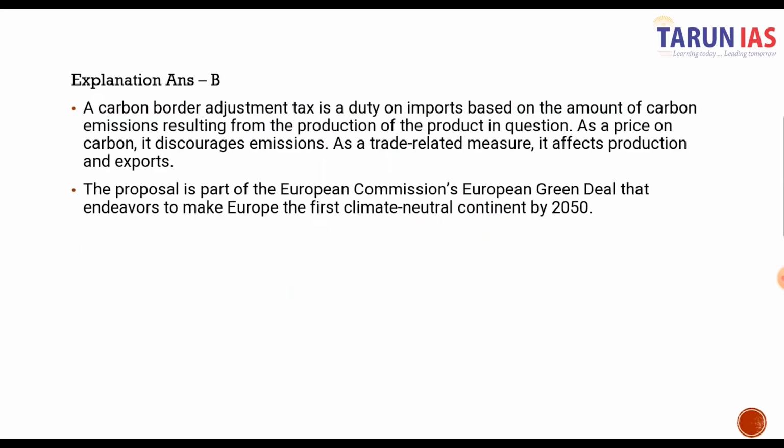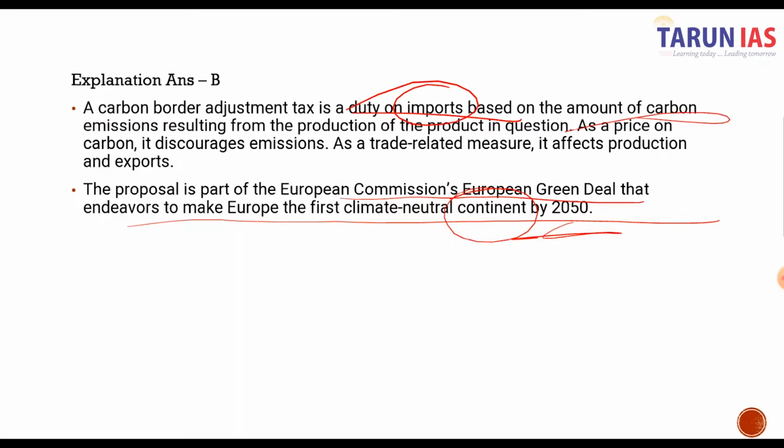And we can read the explanation here that it is part of the European Commission's European Green Deal that endeavors to make Europe the first climate neutral continent by the year 2050. And keeping in its commitment, the carbon border adjustment tax is a duty on imports based on the amount of carbon emission resulting from the production of the product in question.